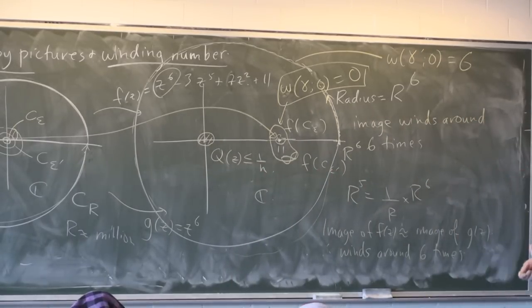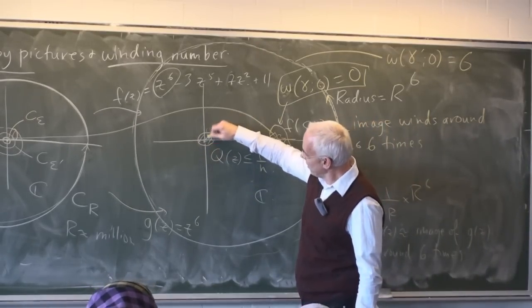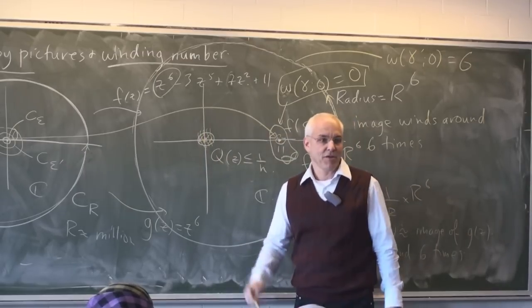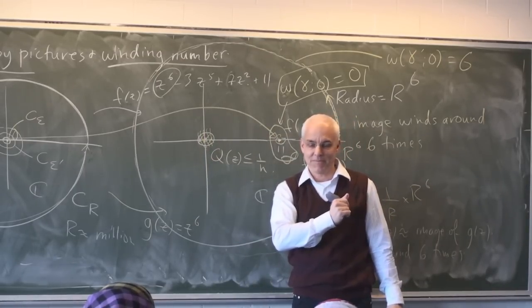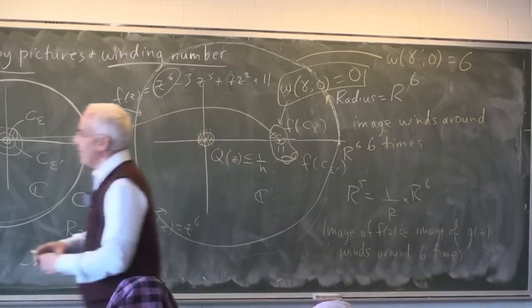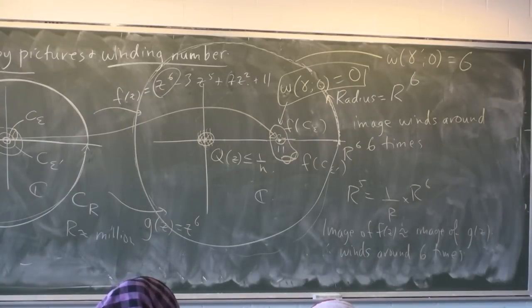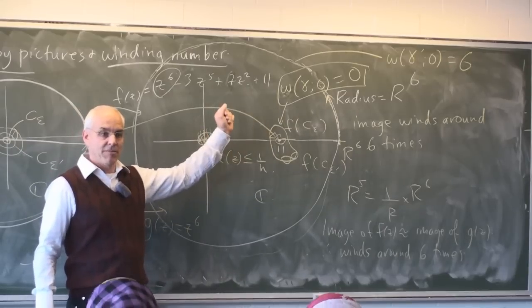The image has to cross the center, and our friend who's watching this neighborhood is going to see the curve pass through his little neighborhood that he's watching. Because if it didn't cross through here, then the winding number would always be the same.